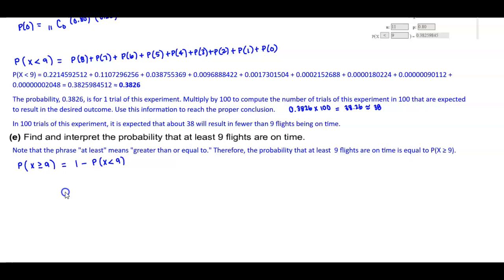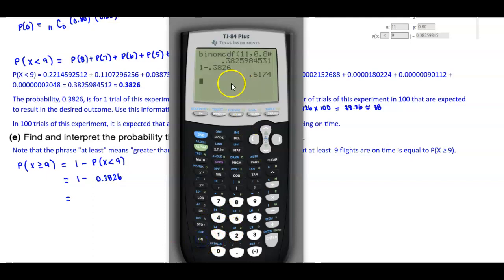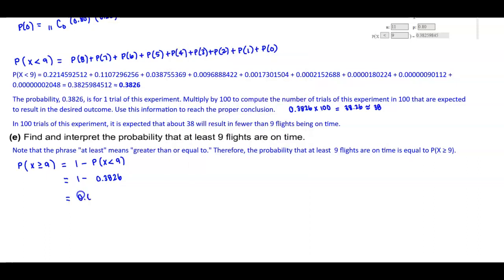We found that to be 0.3826. So 1 minus 0.3826 is equal to 0.6174. So we end up getting the probability of 0.6174.